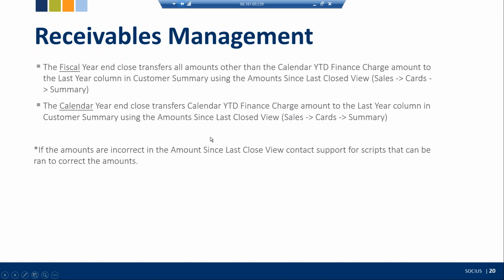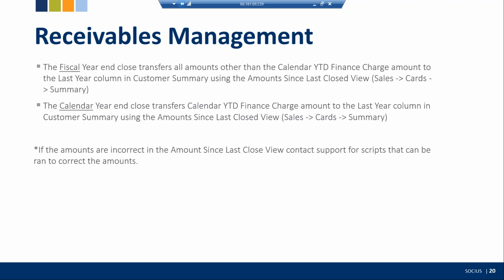The calendar year is what handles the year-to-date finance charges. So if any of you out there actually assess finance charges to your clients, this is meant to handle just that process, and it's about being able to assess finance charges and have those print on your statements.